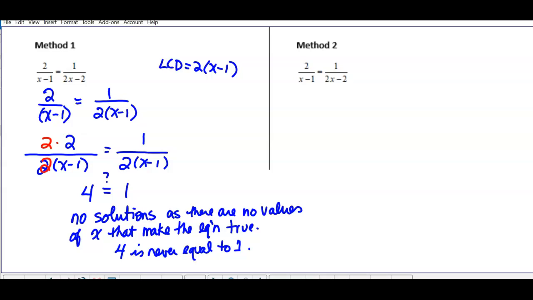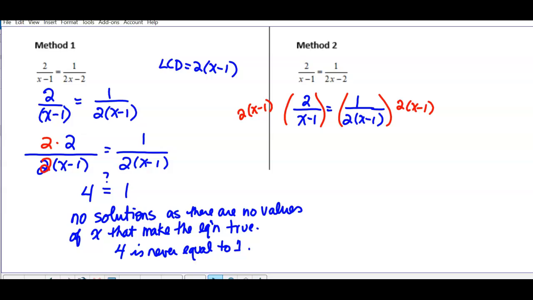Okay. And same thing, if you were to do it the other method, you'd still factor and multiply through by your lowest common denominator.